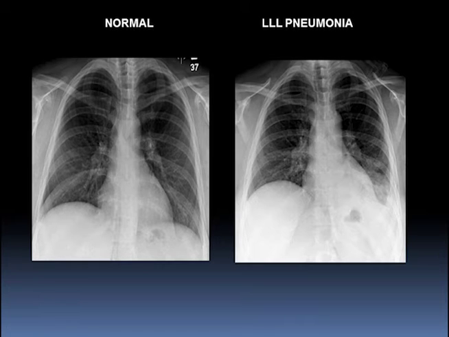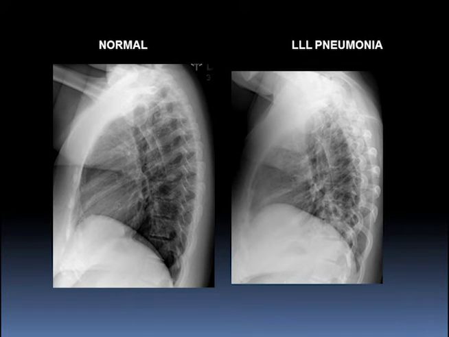So the left diaphragm is completely gone. It's silhouetted. We've got an area of increased white density there, and if you look very closely, you may be able to see an air bronchogram as well. Now the heart border is maintained, so we know the upper lobe and the lingula are normal, and we can place this area of consolidation in the left lower lobe.